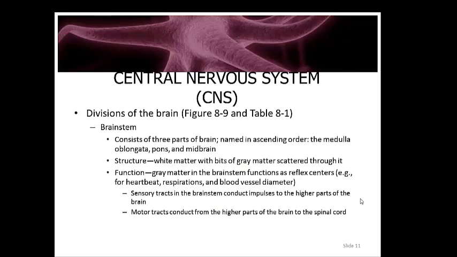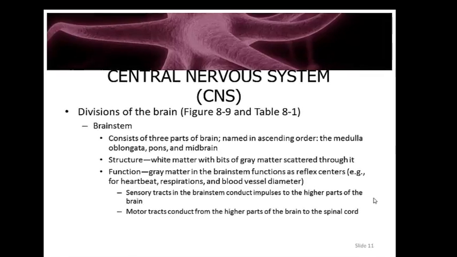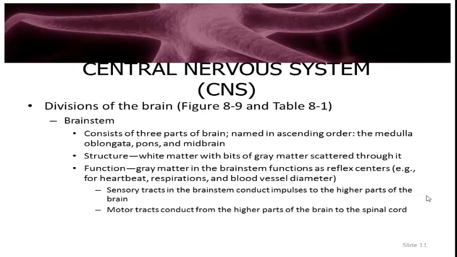Now that we know about the cells of the nervous system, let's go ahead and talk about the divisions in detail. We said that the central nervous system, or CNS, is made up of the brain and the spinal cord. The brain has various divisions, and if you look in your e-textbook or your textbook, figure 8.9 and table 8.1 explain these.